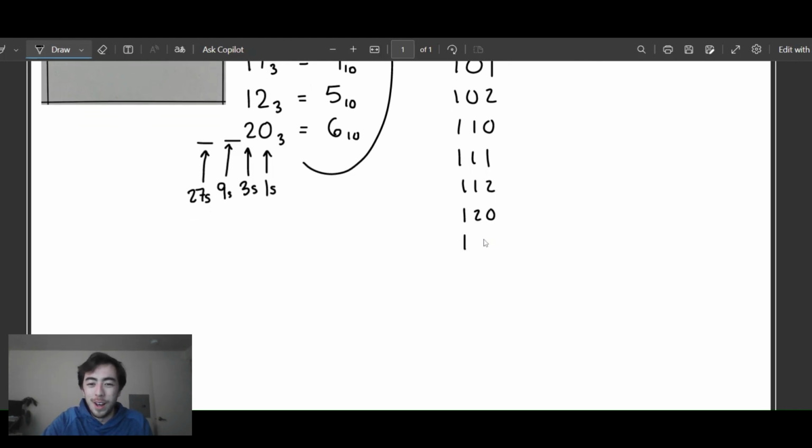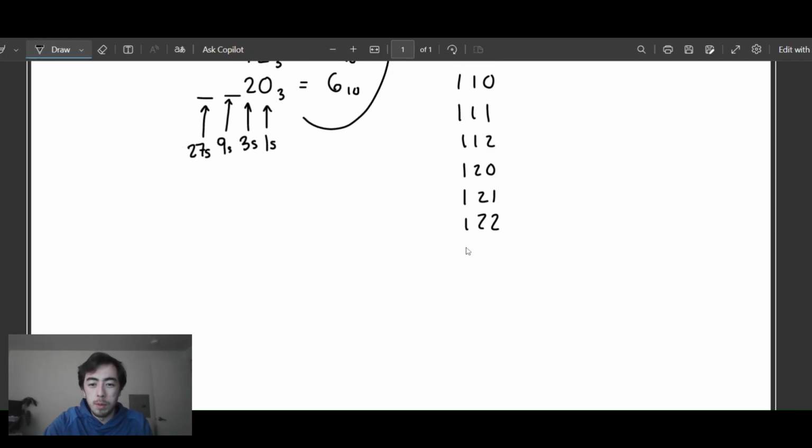Then we go 1, 2, and then I need to hop over to the next place value. But wait, 3 doesn't exist in this system, so I need to hop that over to the next place value again. And so now I get to what looks like 200, but again, you can count how many 1s, 3s, and 9s you have. So this is just the number 18.